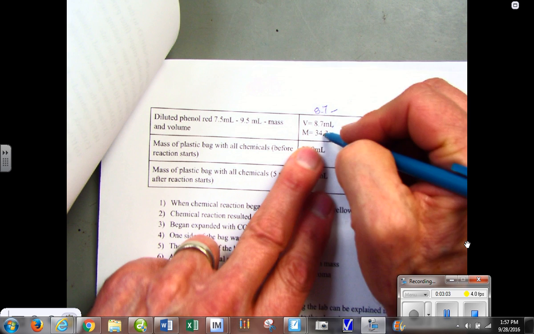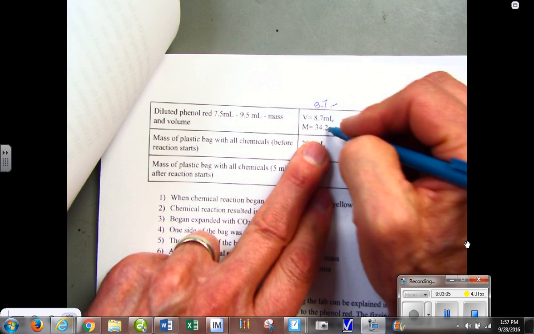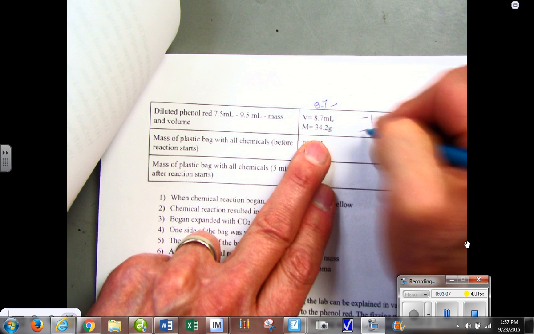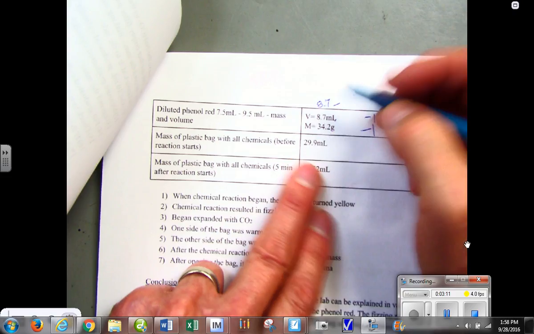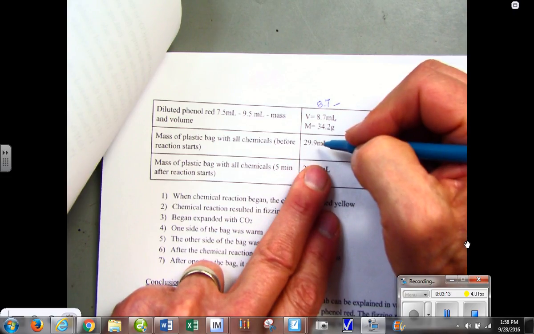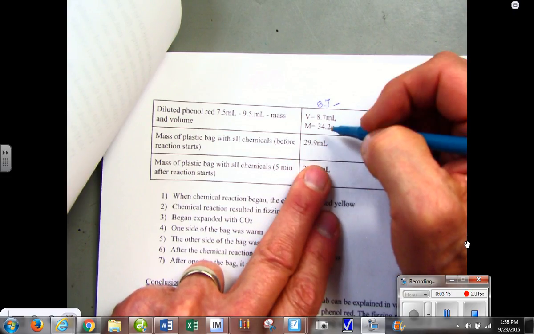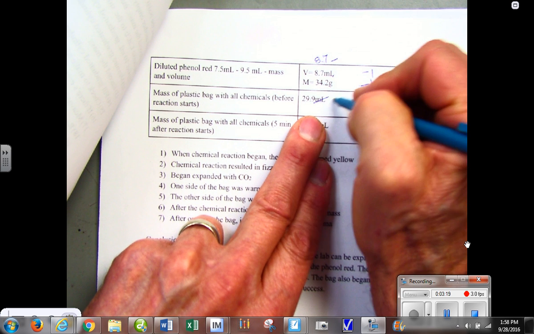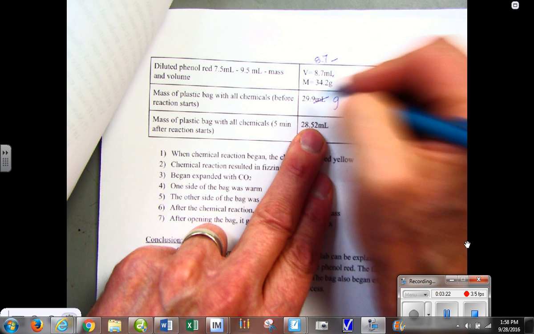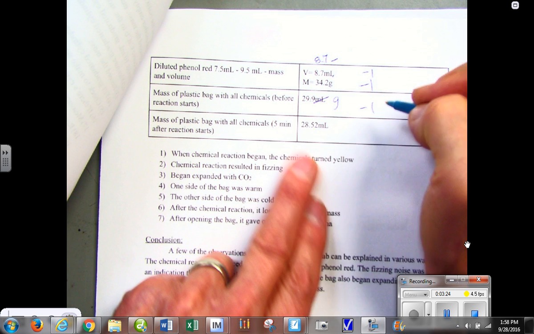All right, and now down here the mass at 34.2 grams. The grams measurement is too short. And mass of the bag with all chemicals? I don't think so. Not mils. You want grams. And if it's grams, it's too short.